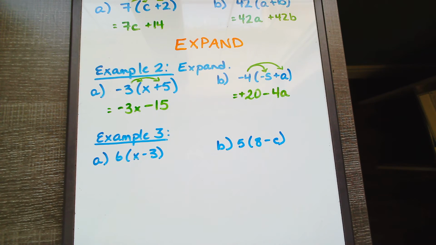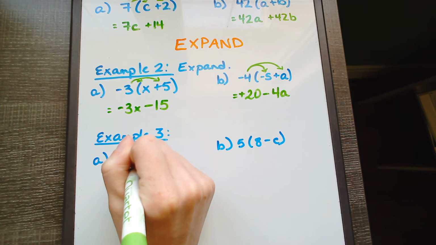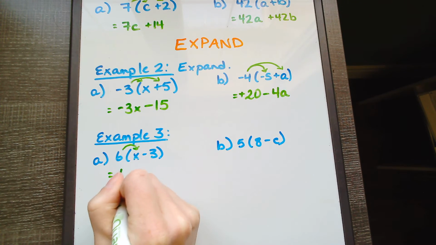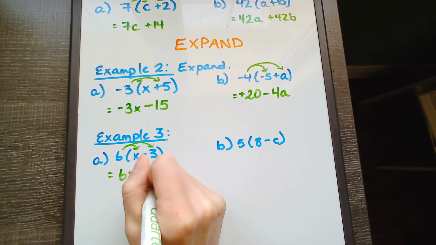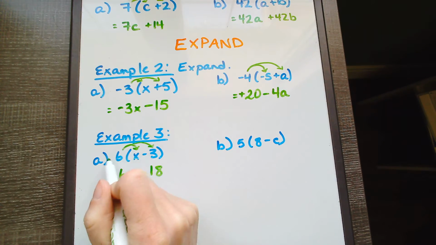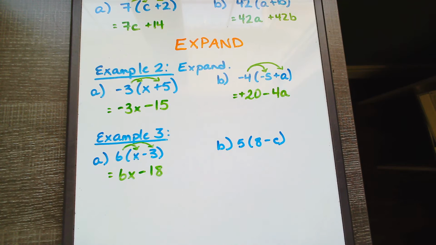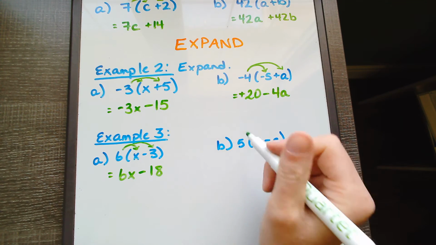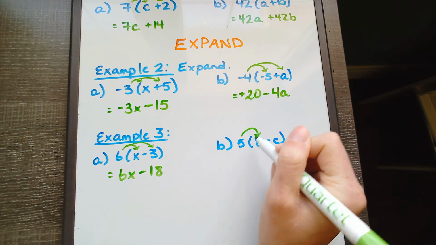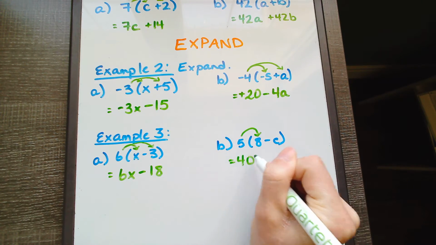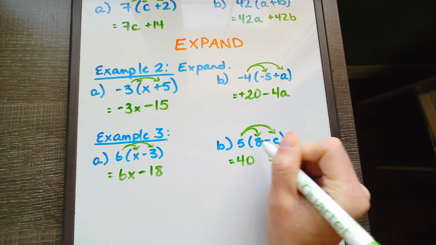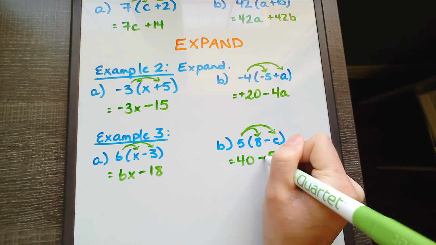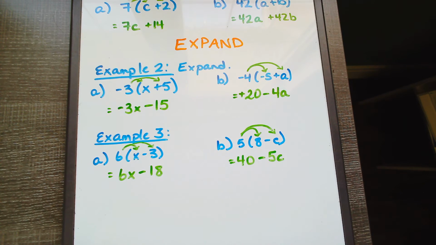What we're going to do is 6 times x is 6x. 6 times 3 is 18, and a positive times a negative is a negative. This last one, 5 times 8 gives me 40. 5 times c gives me 5c. A positive times a negative gives me a negative.